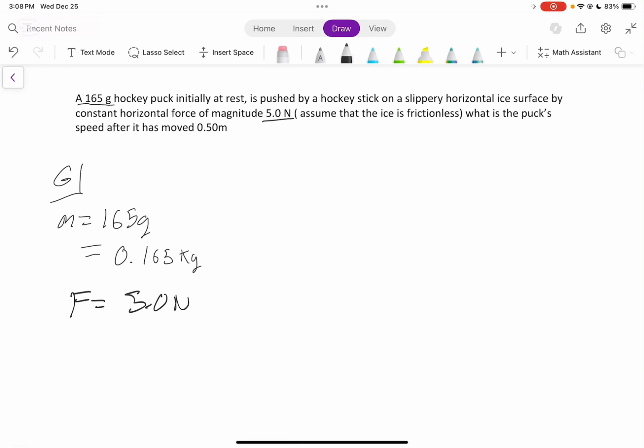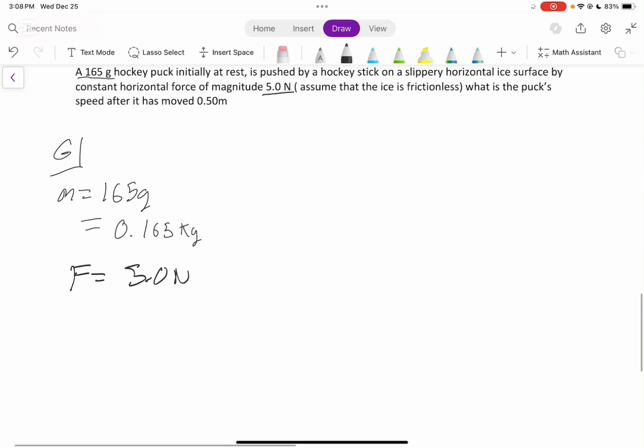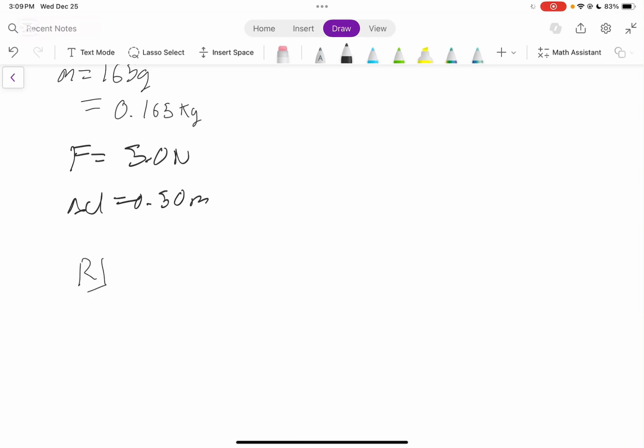And we know that delta D is 0.50 meters. And we're looking for the speed, right? What is the puck speed after it has moved? So we're really looking for our velocity.